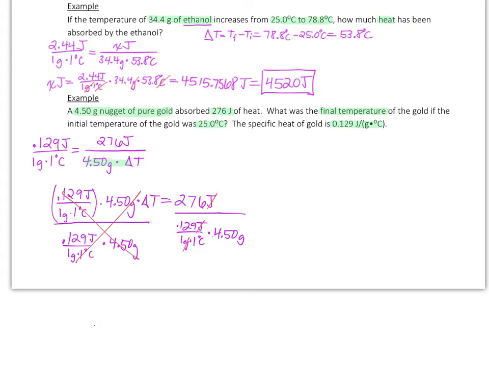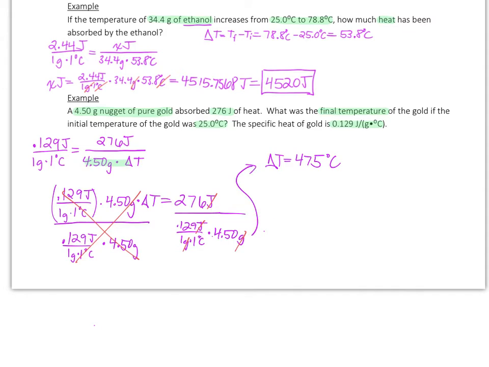Joules cancel, grams cancel, and we're left with degrees Celsius. Okay? So time to do our math. Delta T is going to be 276 divided by 0.129 divided by 4.5. So that gives us 475 degrees Celsius as our change in temperature.